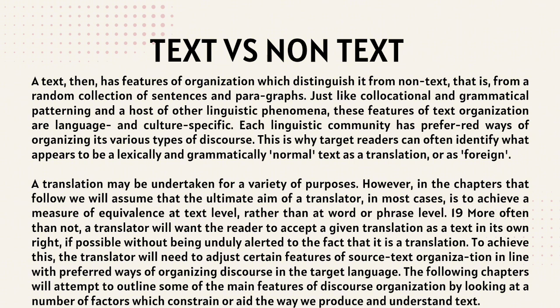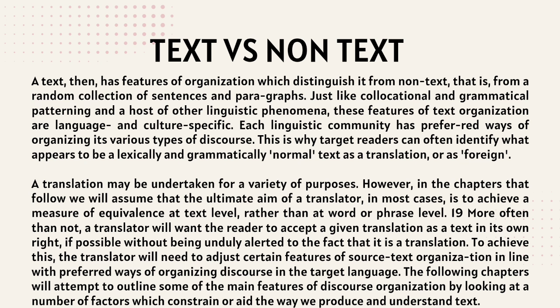Each linguistic community has preferred ways of organizing its various types of discourse. This is why target readers can often identify what appears to be a lexically and grammatically normal text as a translation or as foreign.